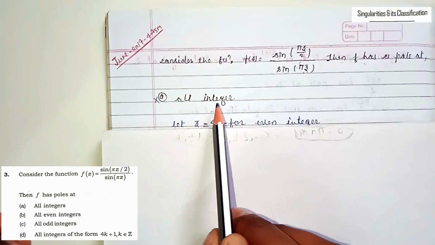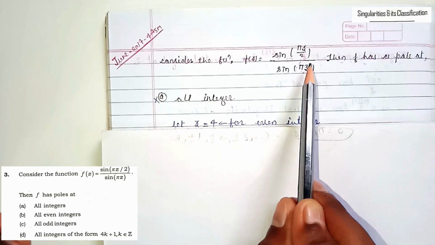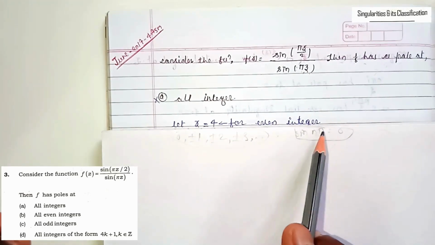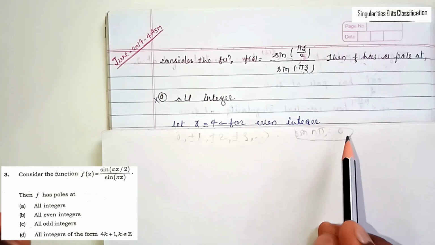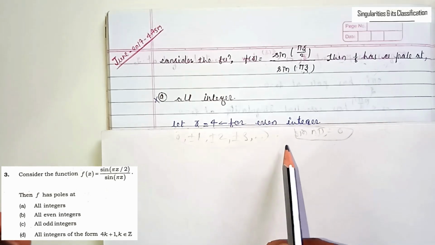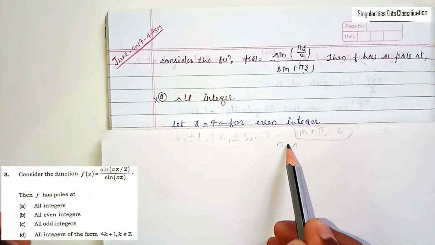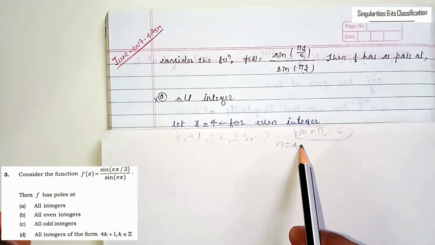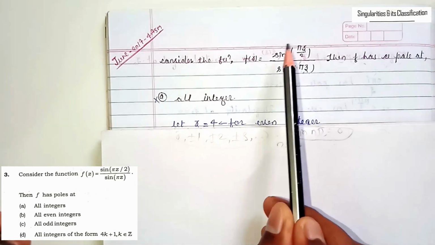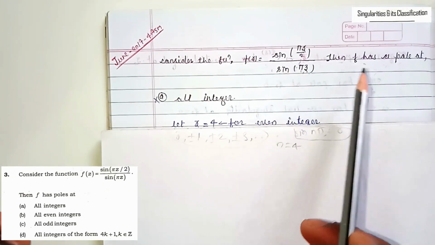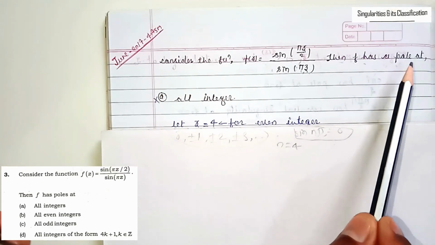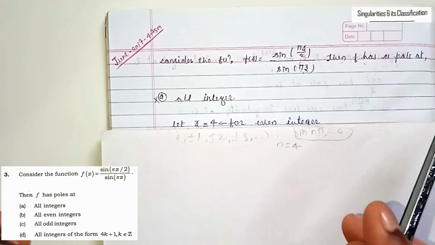So it is easier to choose the integer. We have to choose a counterexample to prove the first option, all integers, wrong. We know that sin(nπ) is 0, so let's take an even number. Consider n equal to 4 in our f(z), and check whether it shows a pole, a removable singularity, or a non-isolated essential singularity.